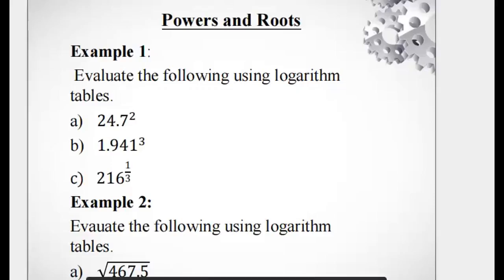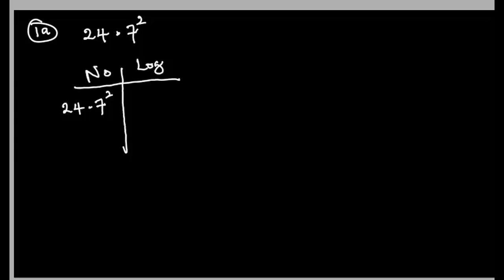From the question here, we have a setup: 24.7 squared. So just do the usual thing here. The whole number here is 24 and it has two digits, 2 and 4. So always do a minus 1 on that whole number. The 2 digits minus 1, I'll have 1 left.